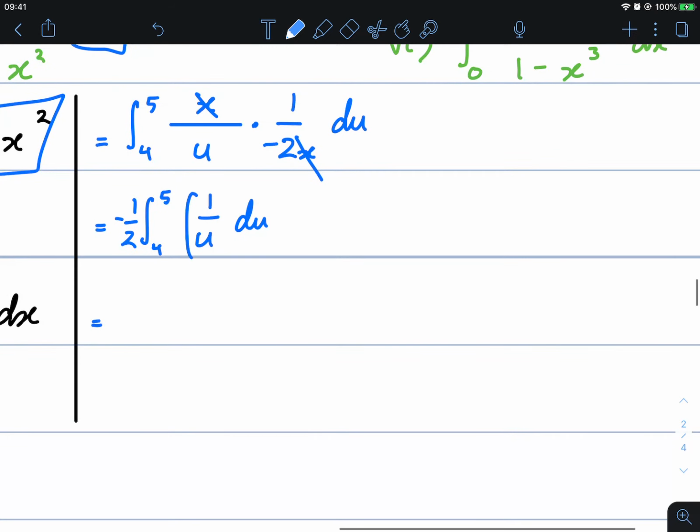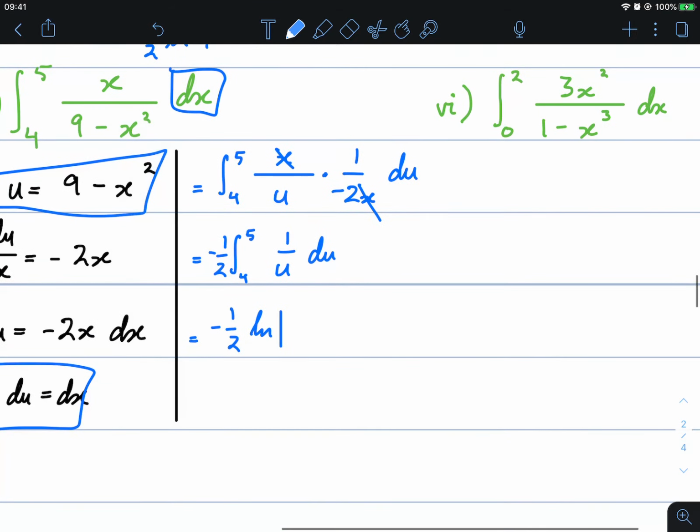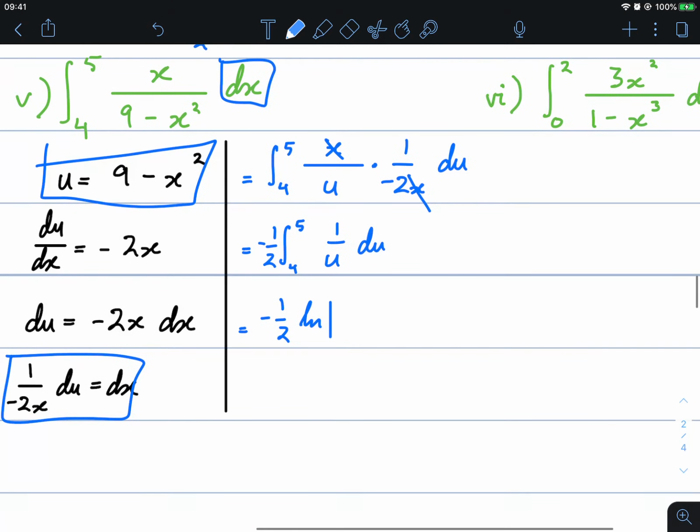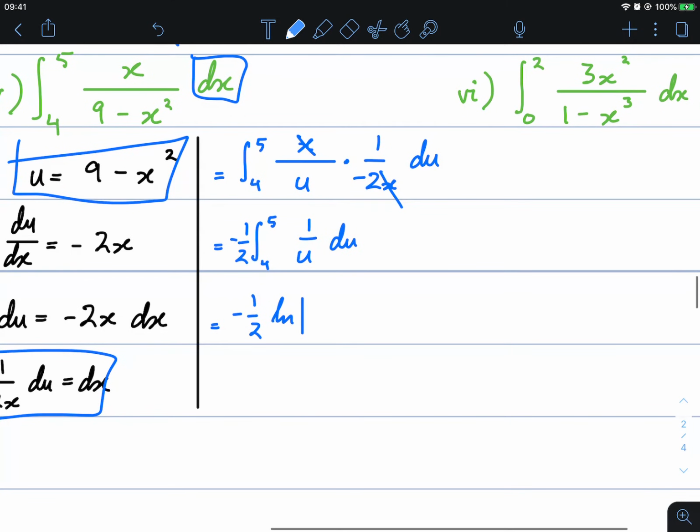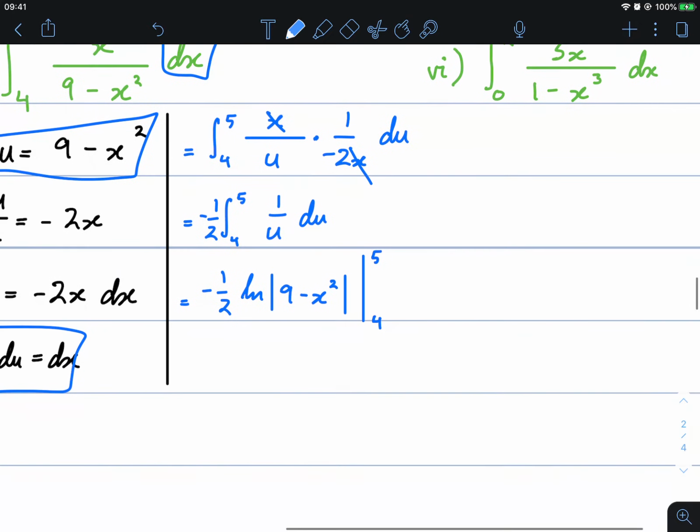Once again, as you can see, this is just like the previous one, ln of absolute value of u, but I'm going to resubstitute 9 minus x squared. Remember, always absolute value, from 4 till 5.